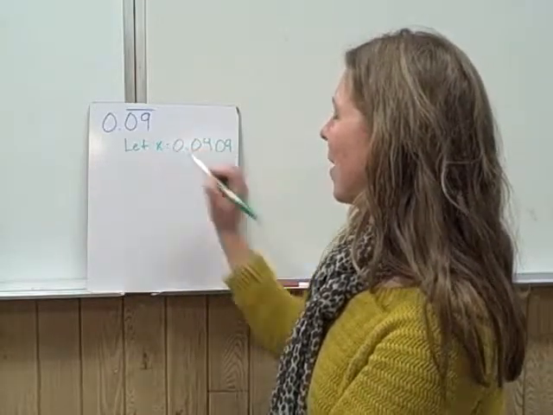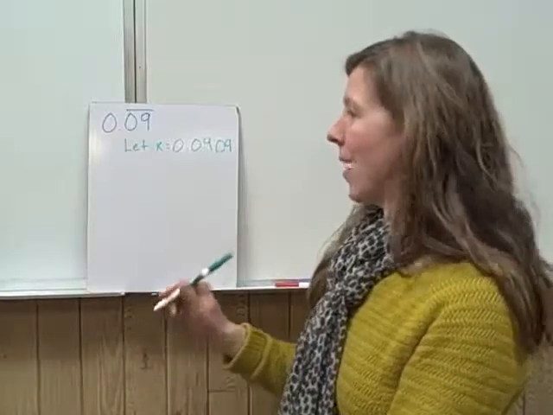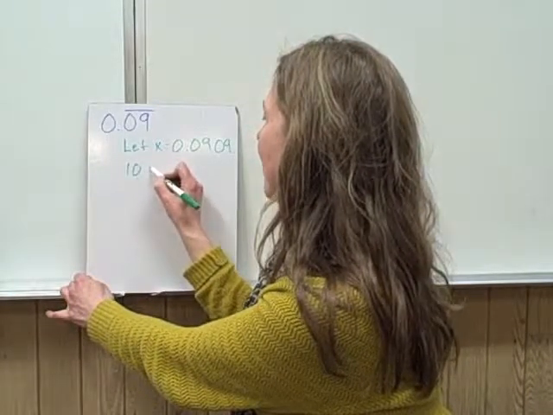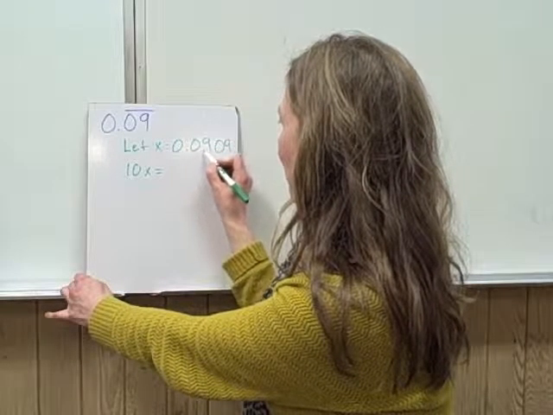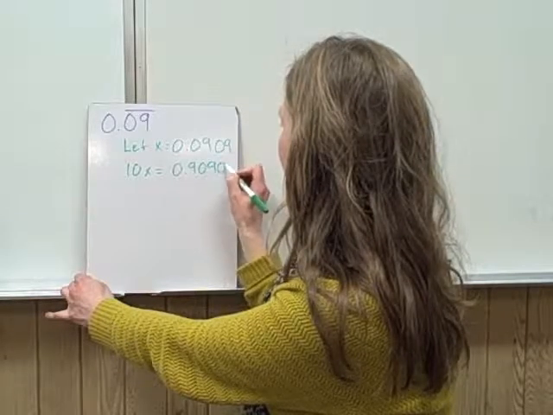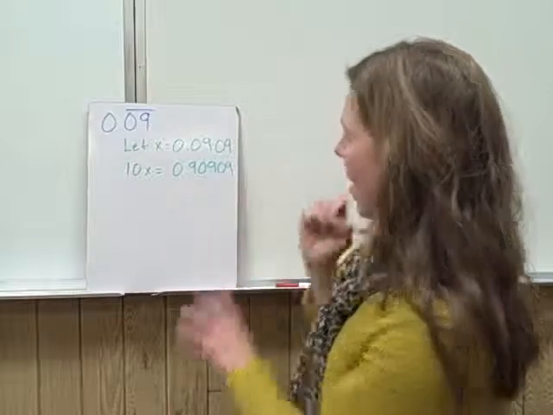Oh, I forgot my equal sign. Let x equal 0.0909, etc. So if we say 10x is equal to, I'm going to move the decimal point over one spot. Okay, I'll put one more 9 in there and then dot, dot, dot.